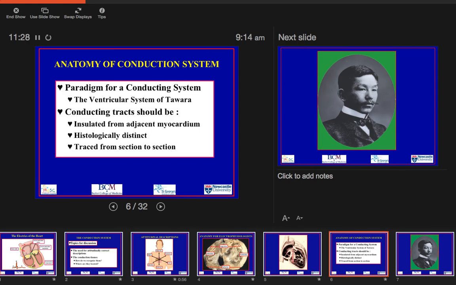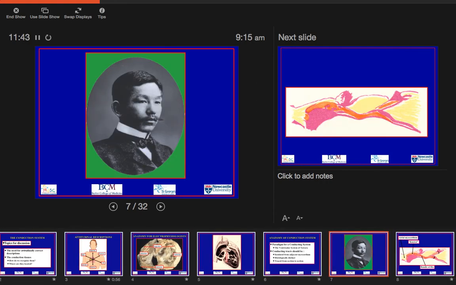And most importantly, we should be able to take serial sections through the heart, and if there is a tract, we can follow that tract with its sheath of insulation from one section to the next. And this is the gentleman who clarified the whole thing, a handsome young Japanese, Sunao Tawara. He was from Fukuoka, which is in the southernmost island of the Japanese archipelago.